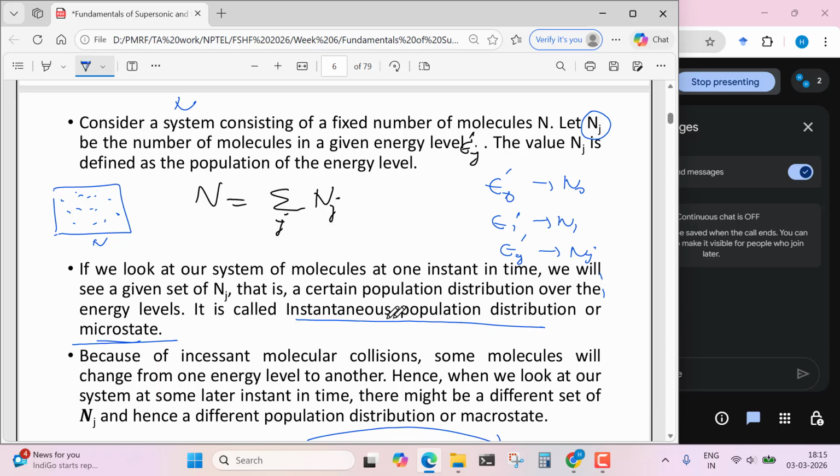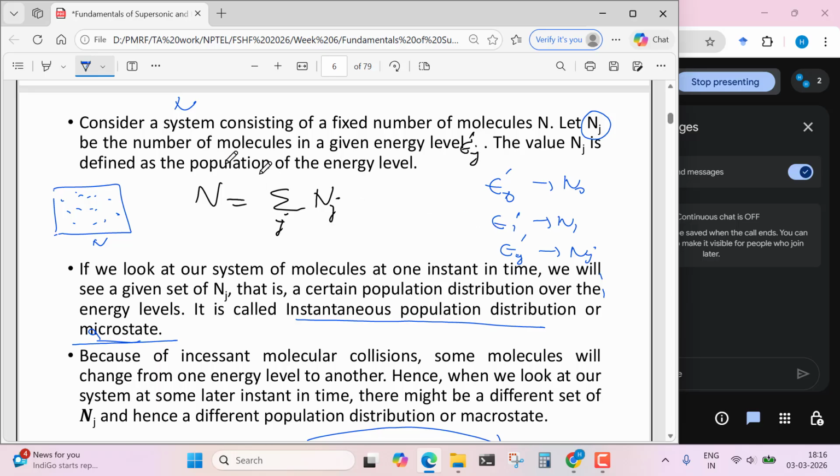It is called the instantaneous population distribution or macro state. So in this system we will have one set of Nj values, like N0 is one value, N1 is one value, and so on, at one instant of time. That is called the instantaneous population distribution.